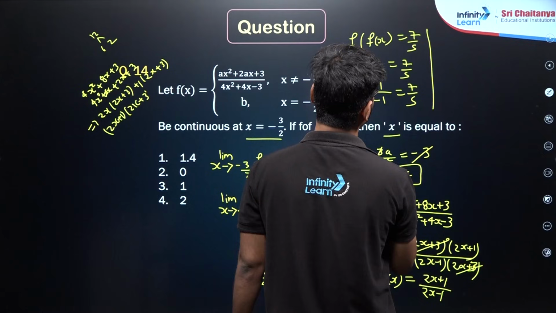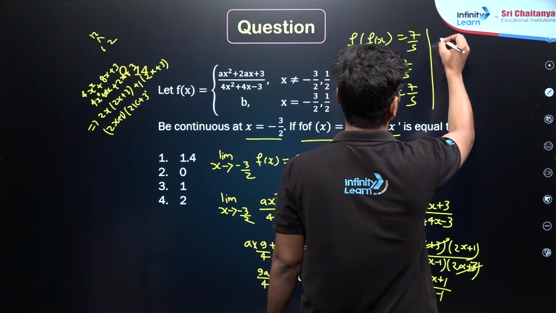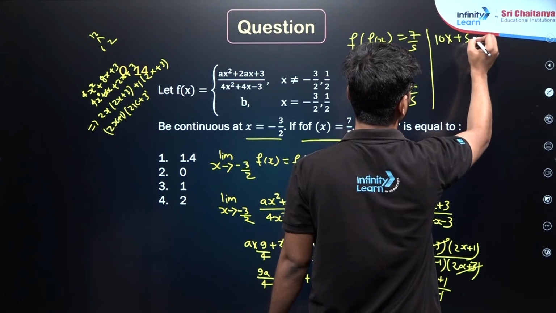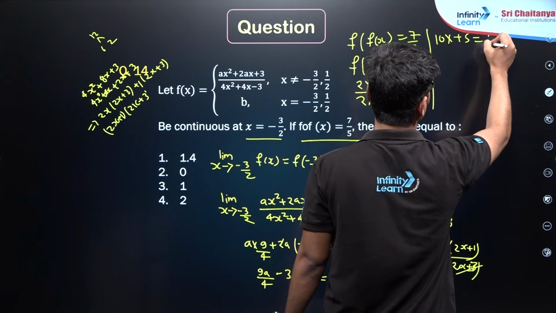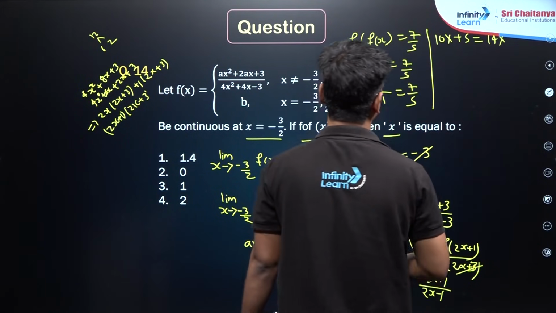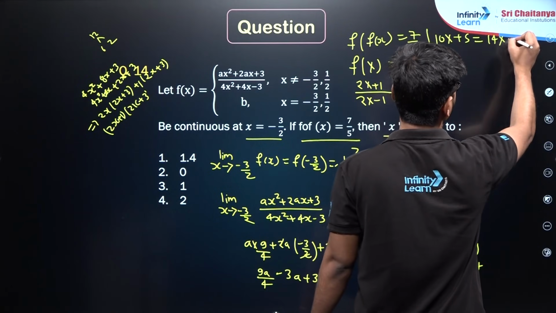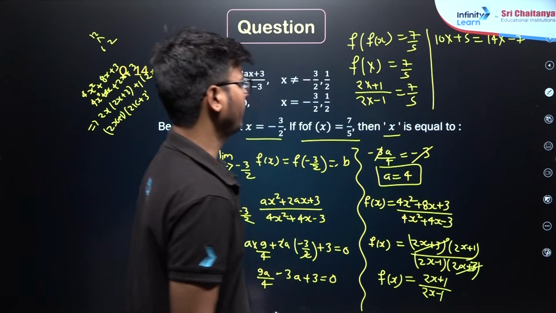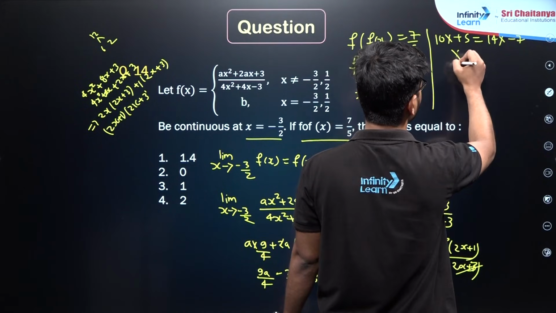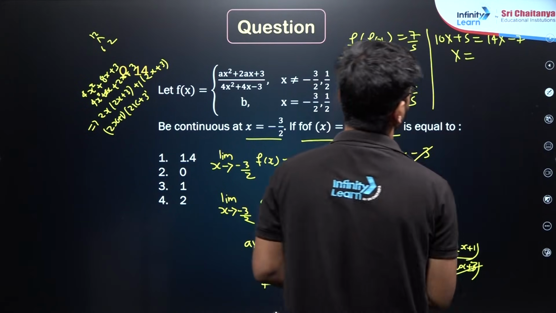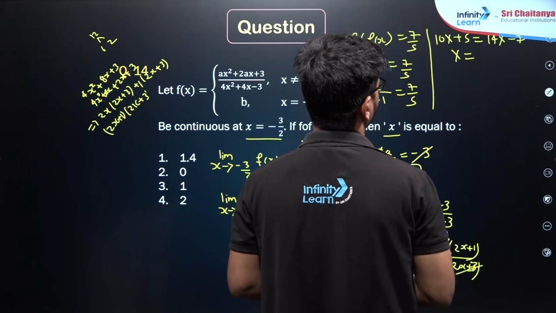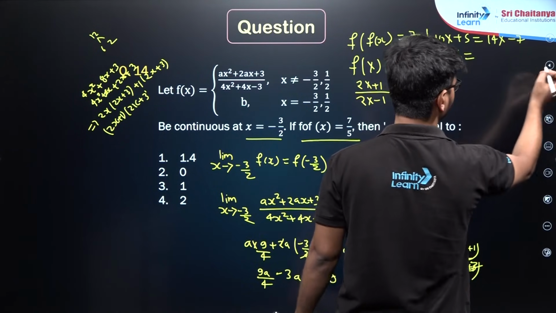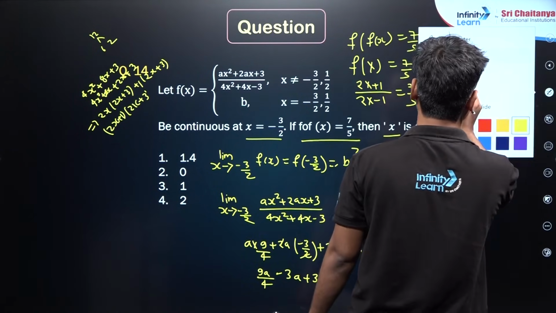Okay. Now you have to find the value of this entire term, and we are going to get 5 2s are 10x plus 5 1s are 5, and here 7 2s are 14x, 7 2s are 14 minus 7. Okay. So the value of x is going to be, let's do it, just a minute.